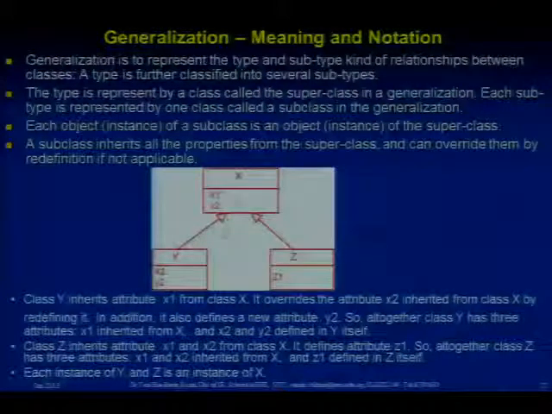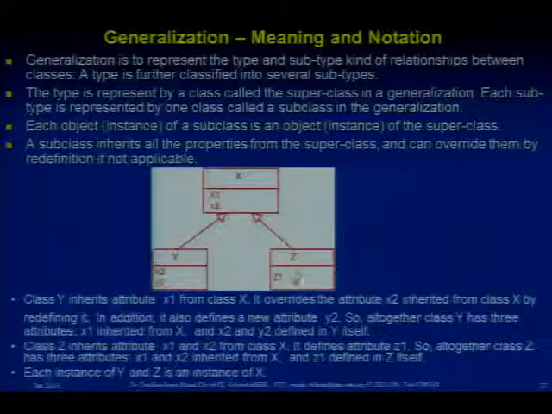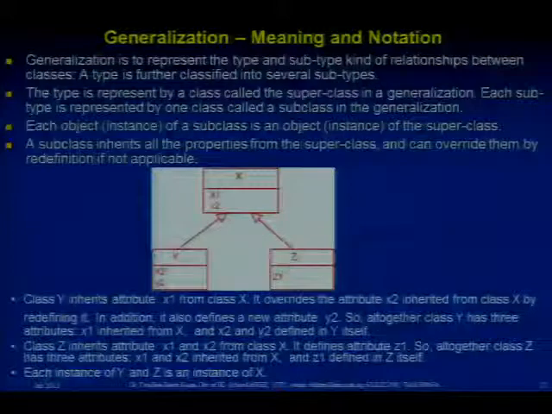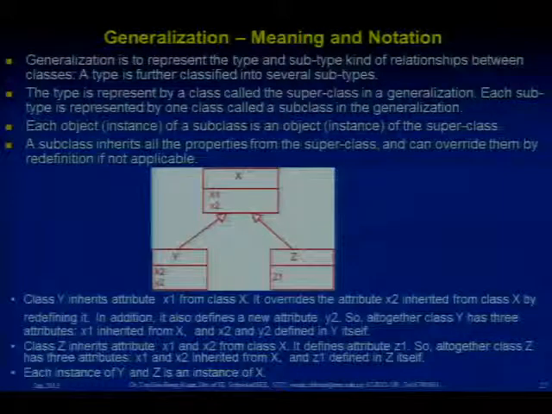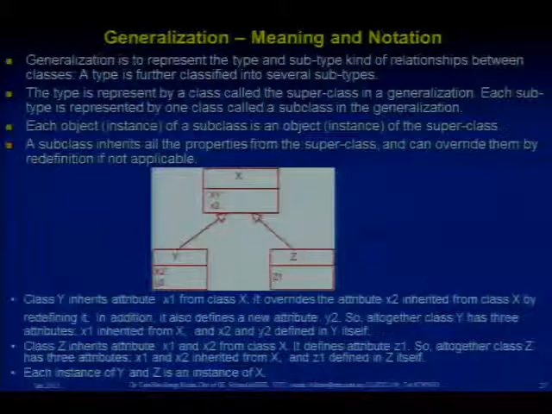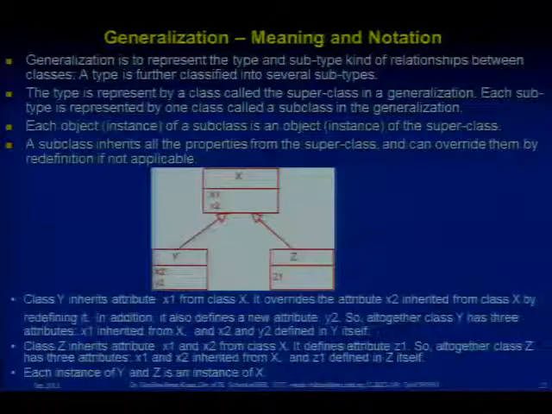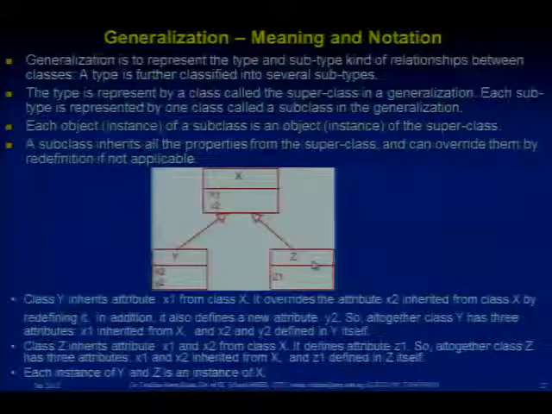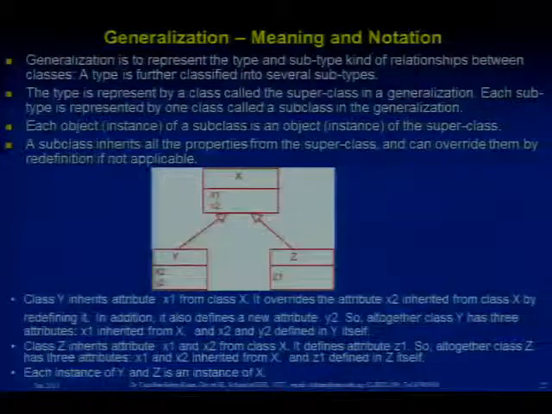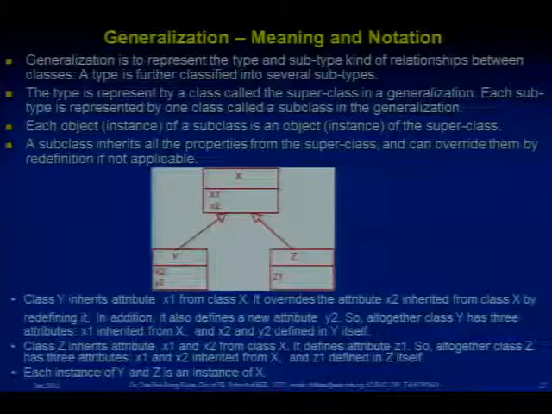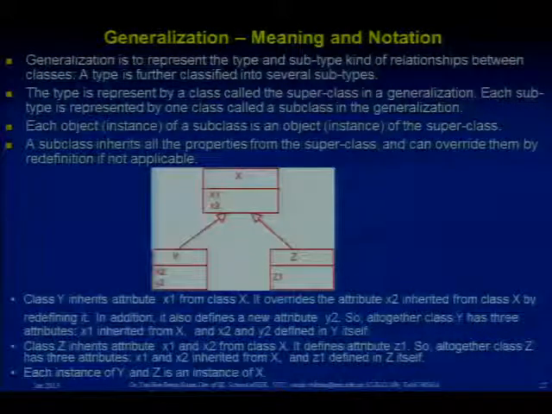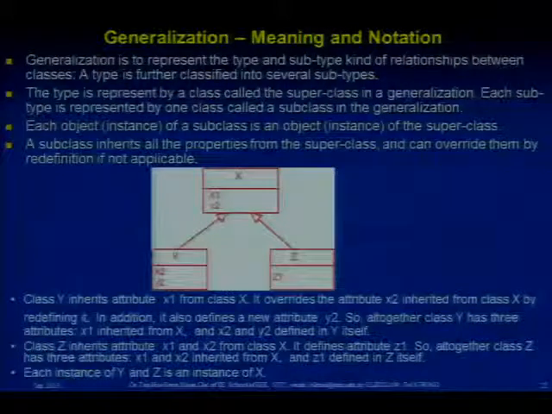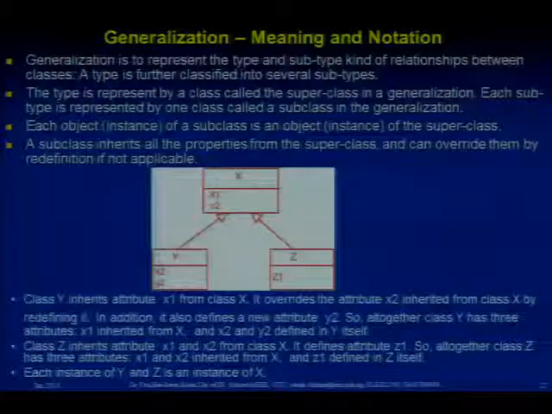So by default, both X1 and X2 from the superclass X will be inherited down to subclass Z. That means subclass Z has two attributes, X1 and X2 from X, and a new attribute Z1 defined in the subclass Z itself. That is how it works when you define a generalization, how the subclass will have the properties from the superclass.